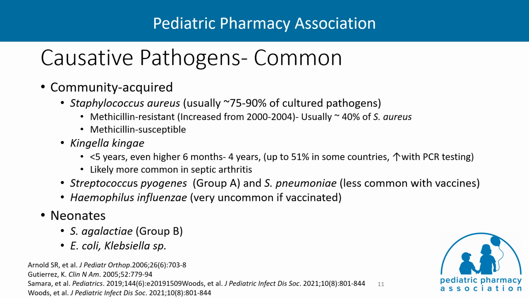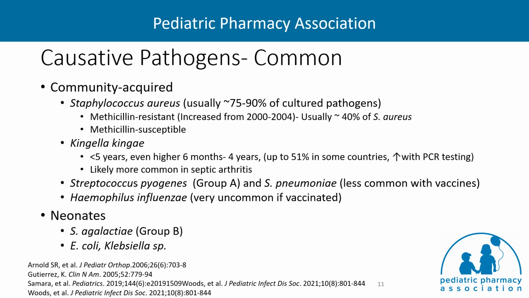There are some recent studies showing that this could be a pathogen in up to 51% in certain countries. This data actually came out of Switzerland. And this got higher mainly due to the fact that this institution also started doing PCR-based testing to detect Kingella in a lot of these scenarios, because Kingella is really hard to culture via traditional culturing methods.